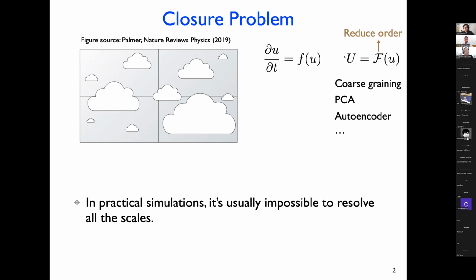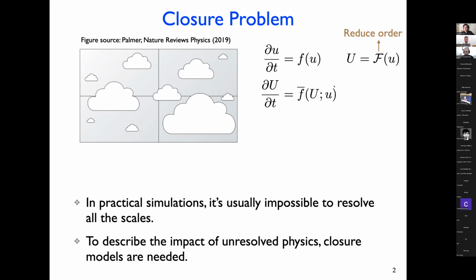After choosing the specific reduced order state, capital U, we can also derive a governing equation for the reduced order state. But the problem is that because the original dynamics is often nonlinear, the governing equation for the reduced order state will not only depend on the reduced order state capital U itself, but also depend on some unresolved information carried by the original state, small u.